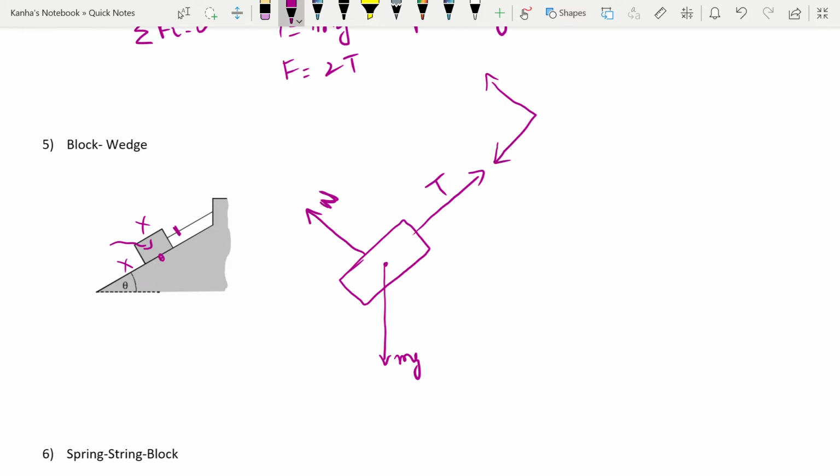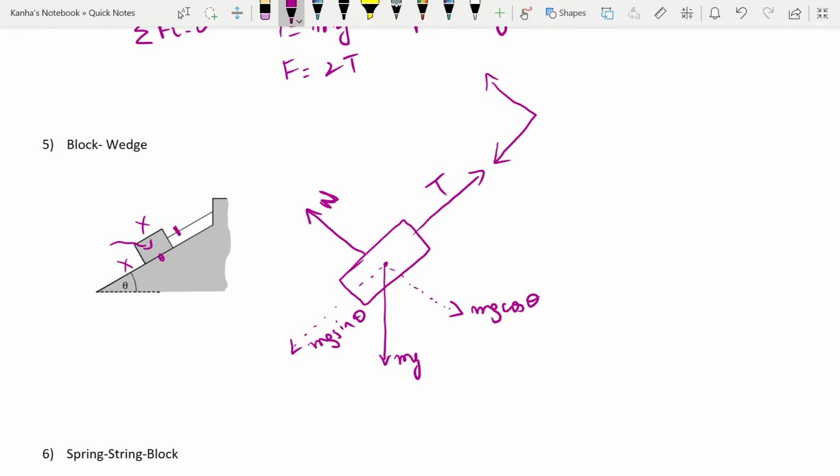So they split the gravitational attraction into two. It becomes mg cos theta, and this becomes mg sin theta.